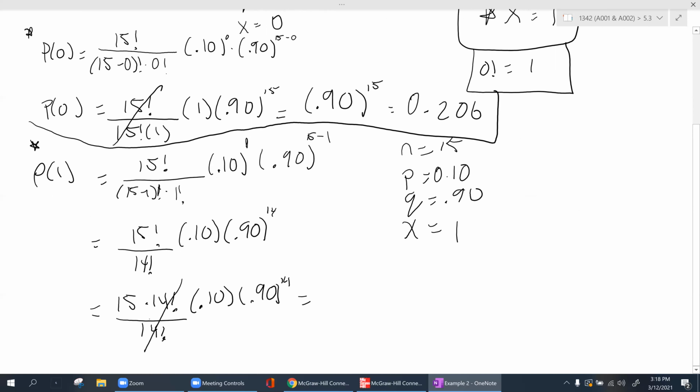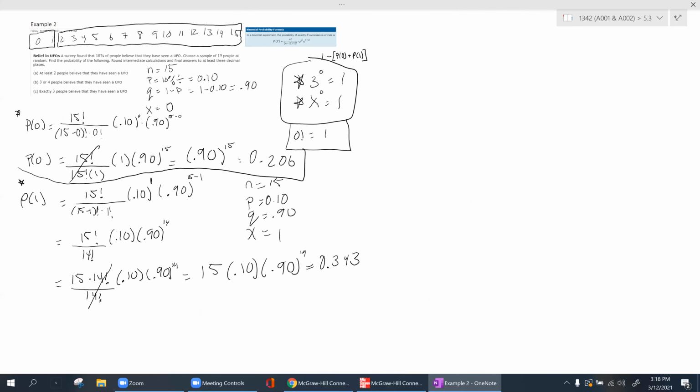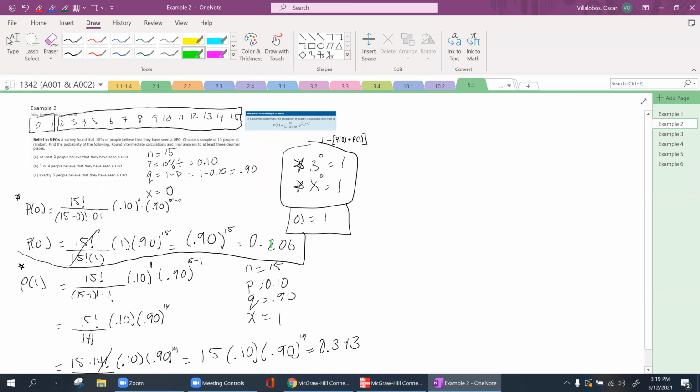These 14 factorials cancel out, leaving me with 15 times 0.10 times 0.90 raised to the 14. That gives me 0.343. So in other words, my answers are here and here.